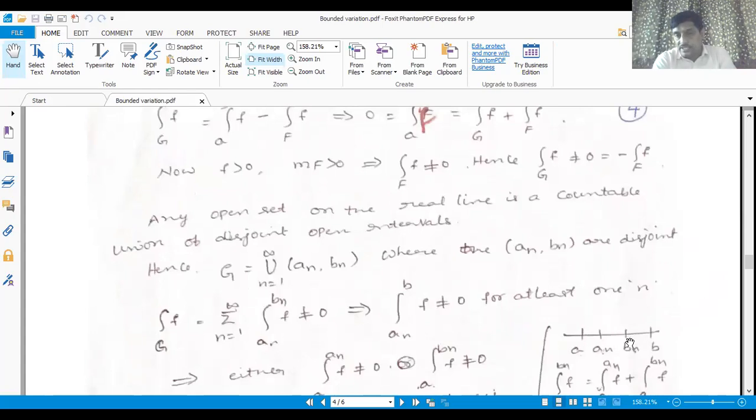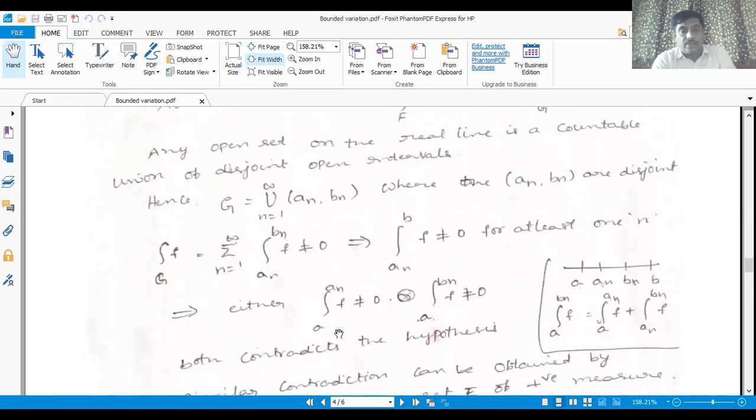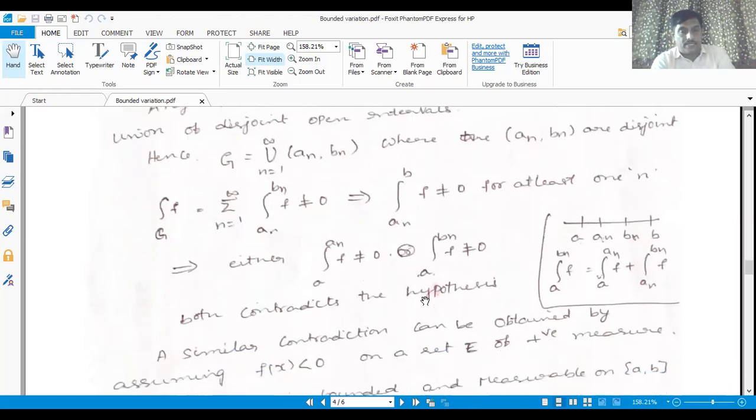This can be split, either the integral from a to an is not equal to 0, or the integral from a to bn, which can be split as a to an and an to bn. This is the simple form. You already know this. Using this property, both contradict the hypothesis.